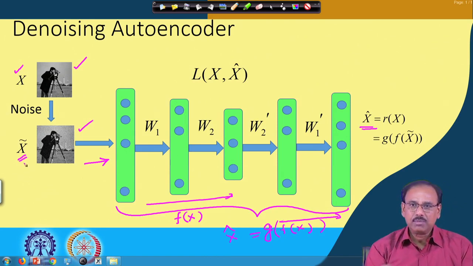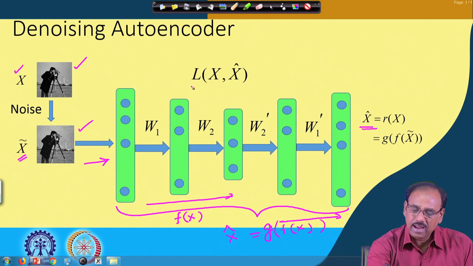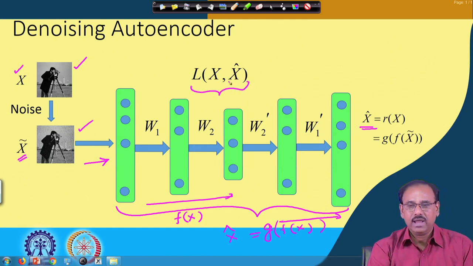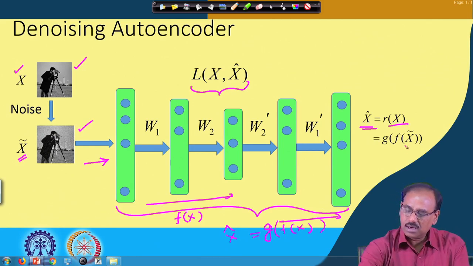That means during this backpropagation learning, the loss function that I want to minimize is not between x tilde and x hat, but L(x, x hat), where x is the original data and x hat is the reconstructed data, which is encoded then decoded.